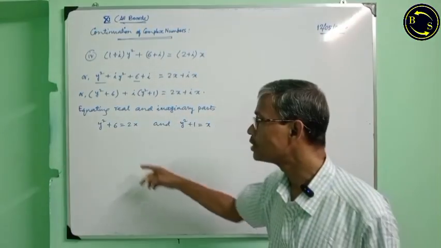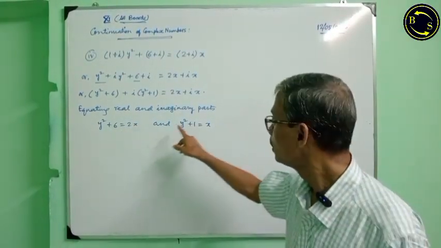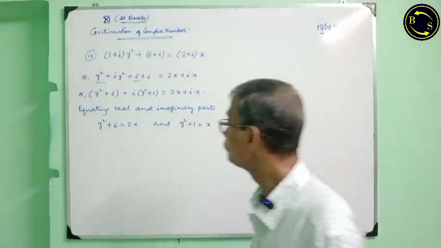We have got two equations. First one is y square plus 6 equal to 2x, right? Other one is y square plus 1 equal to x.